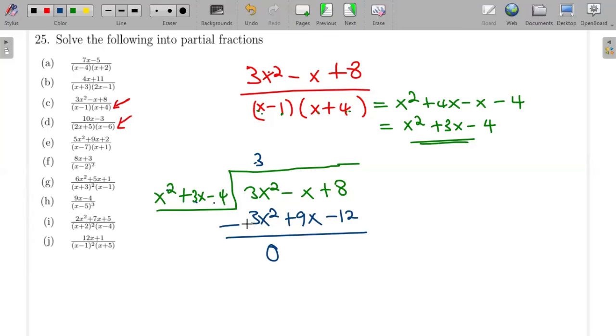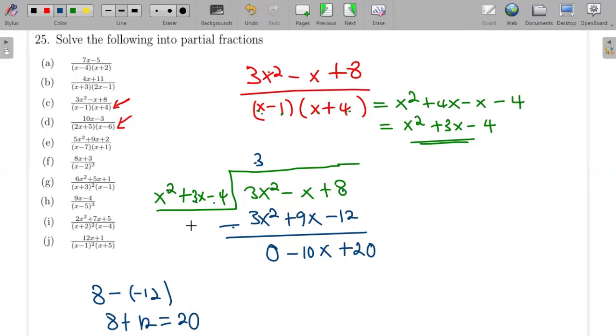Minus x minus 9x, I get minus 10x. 8 minus minus 12 is 8 plus 12, which is 20. So this will be plus 20.